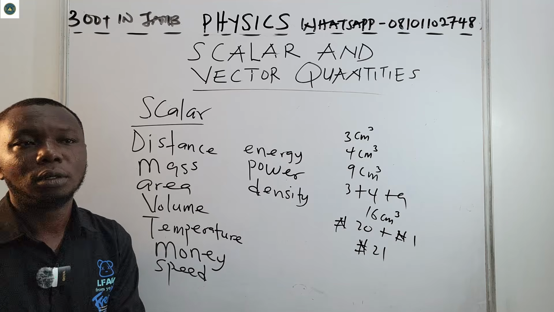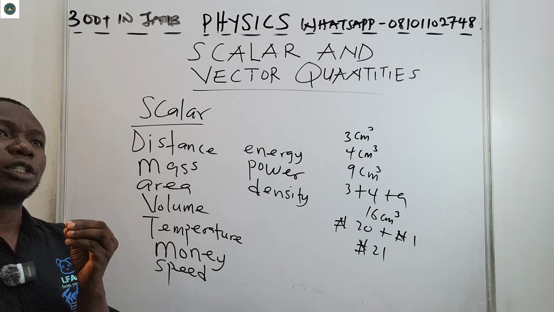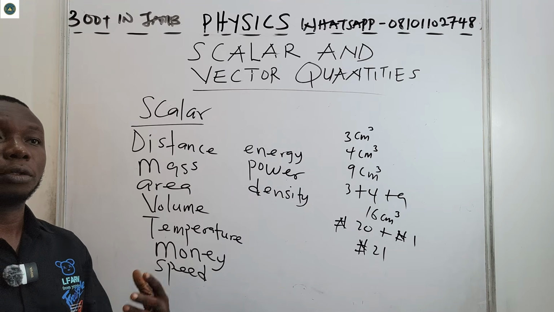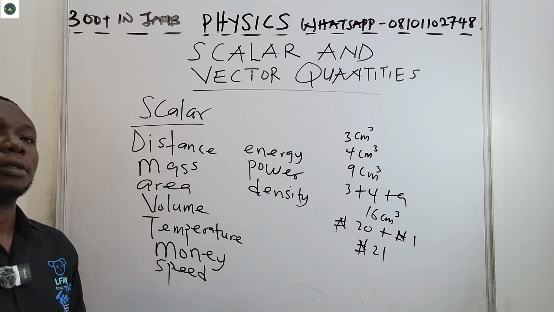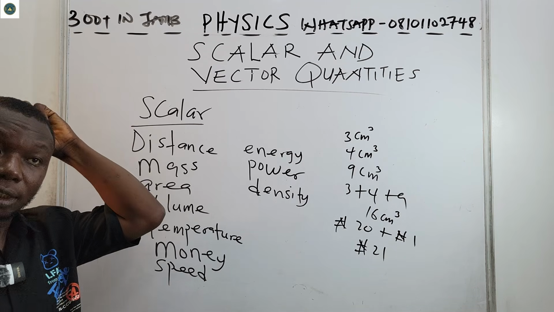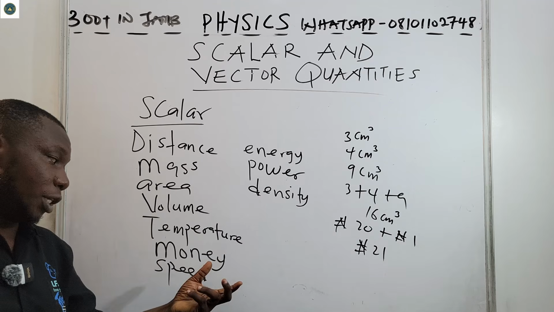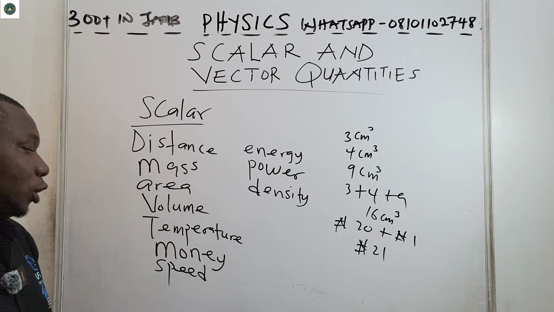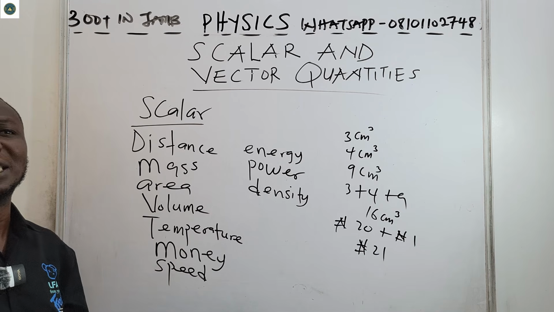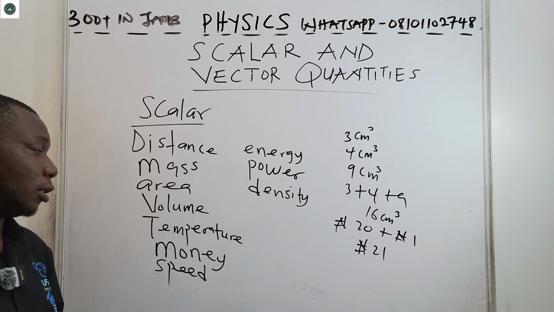Now, temperature has magnitude but no direction. Temperature mostly occurs on the measuring scale of the thermometer, an instrument used to measure temperature, either the hotness or coldness of a body. So we can have a temperature of 20 degrees Celsius or 40 degrees Celsius.